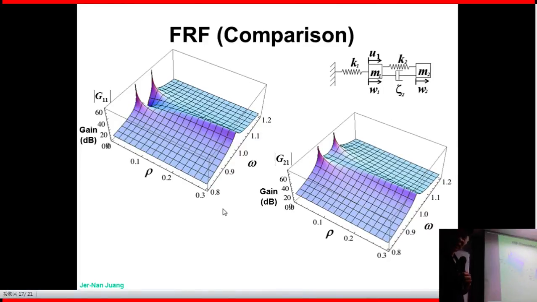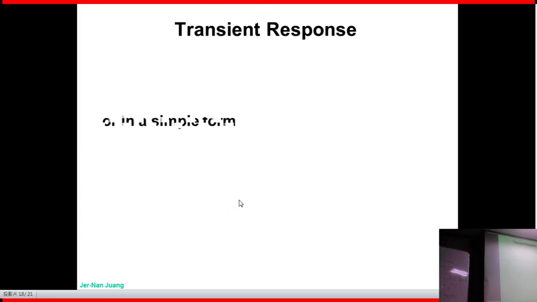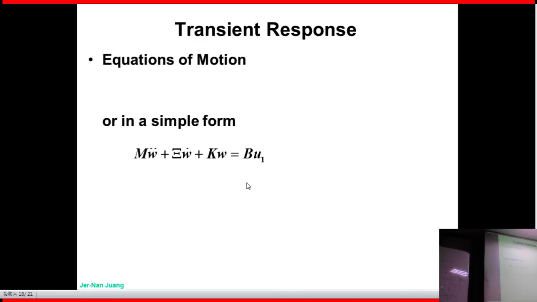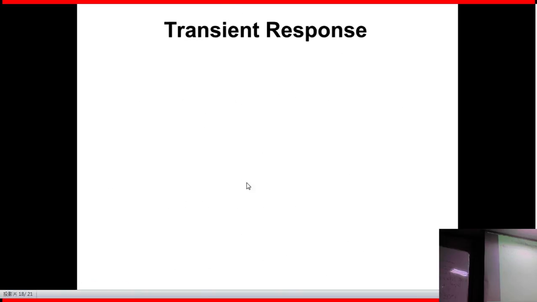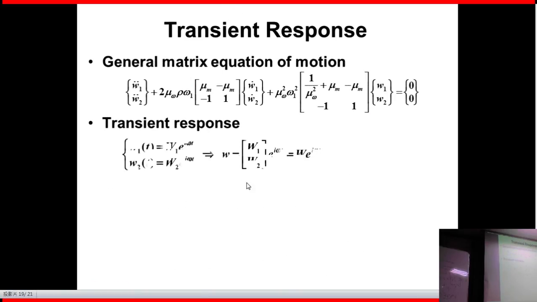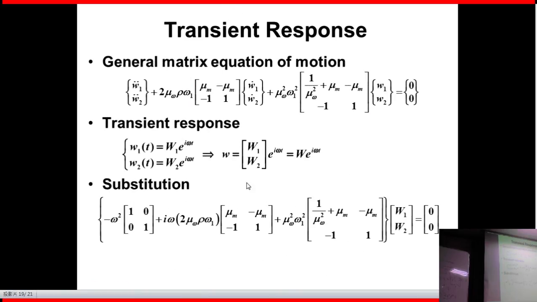That is some of the comparison we have. The G11 and G21 plots are almost the same if you look at them, because they share the same denominator. So that's the case here. The transient response, I don't think we need to talk about anymore, because you know this is the transient response.